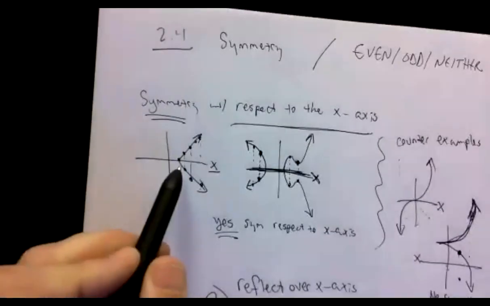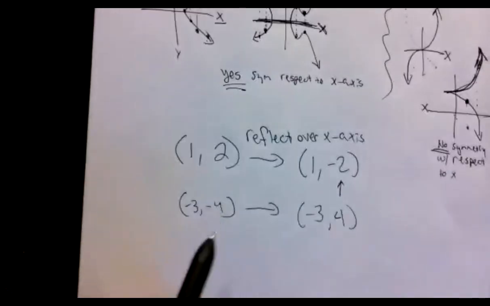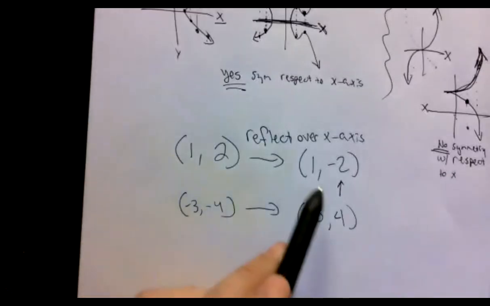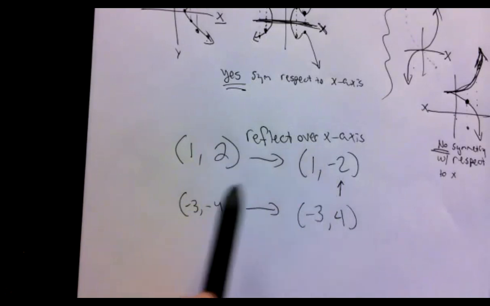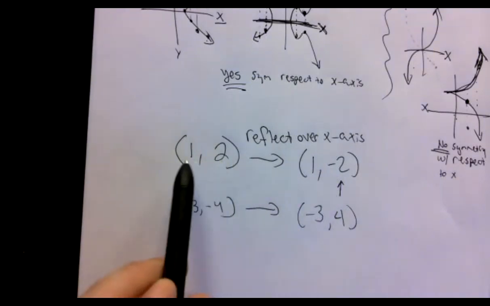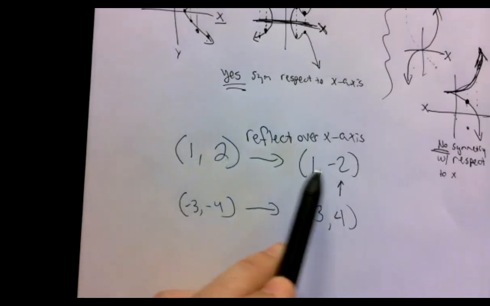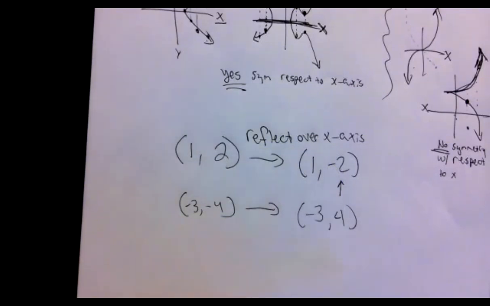So they can give you the graph and ask, does this have symmetry to x? They can give you a coordinate and say, does this have symmetry with respect to x? Sometimes they'll actually ask you to fill this one in. So it's like, hey, which coordinate would have symmetry with respect to the x-axis? And that would be just changing the sign of the y.